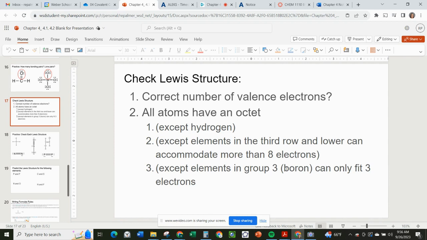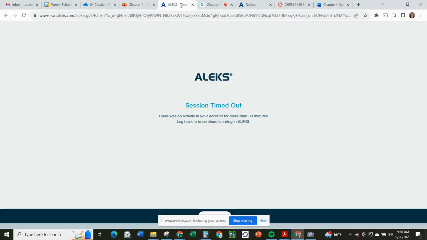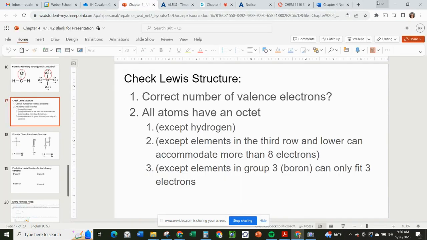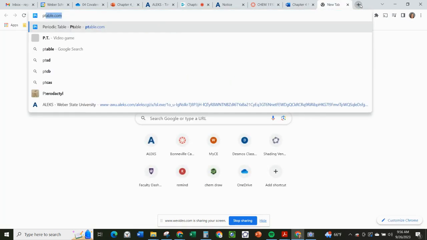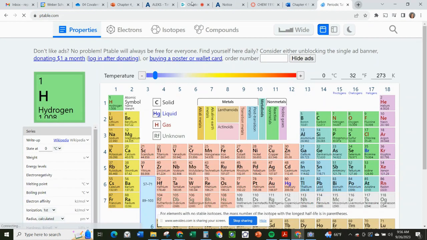Group 3 elements like boron can only fit 3 electrons around them, or 3 bonds. So let's look at the periodic table. Where's our periodic table? Oops. I'll have to log back into that. Let's look at the periodic table for a minute.